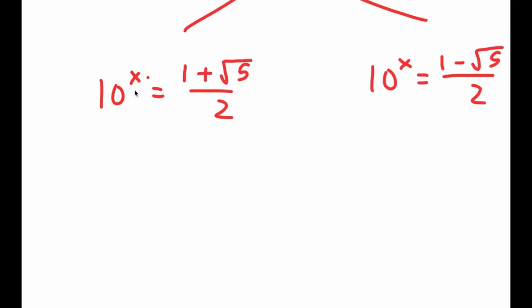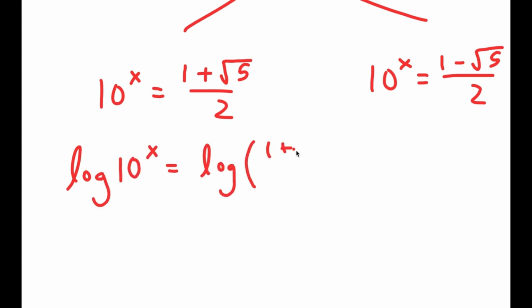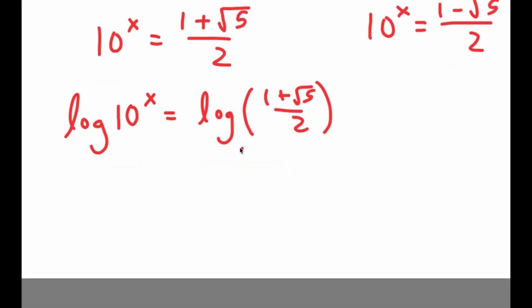Well, to solve this, we want the x over here, which is an exponent, to turn into an actual term. And to do that, we're going to use logarithms. So I get log 10 to the power of x is equal to log of 1 plus the square root of 5 over 2 when I take the log on both sides.